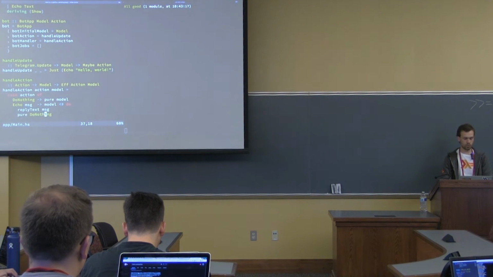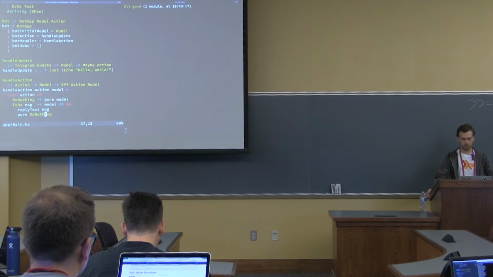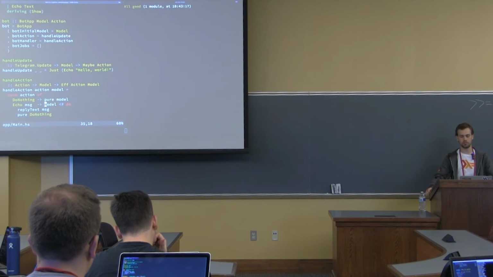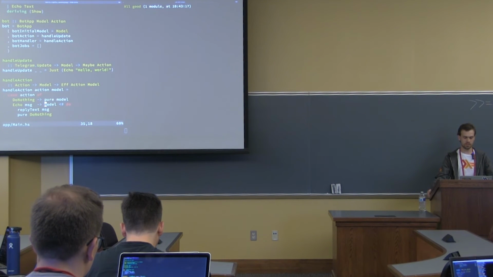So that's where all the impure stuff is. So handle update is just a router? Yeah, mostly. It also updates the model, but in a pure way. I could have two functions, one to update the model and another to issue some impure actions. But it's best, I think, to have all the processing in the one case clause.